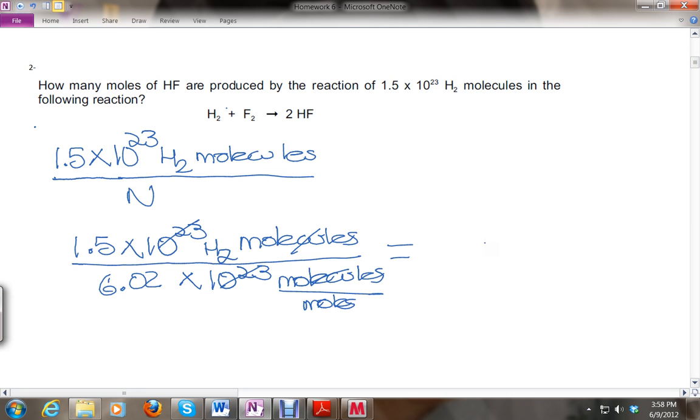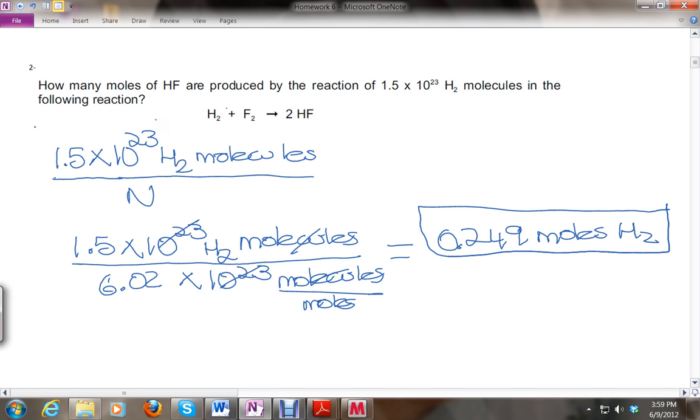And this is going to give me 0.249 moles of hydrogen. I'm not going to round it yet until we get to the end. Moles of H2. So now we got the moles of H2.